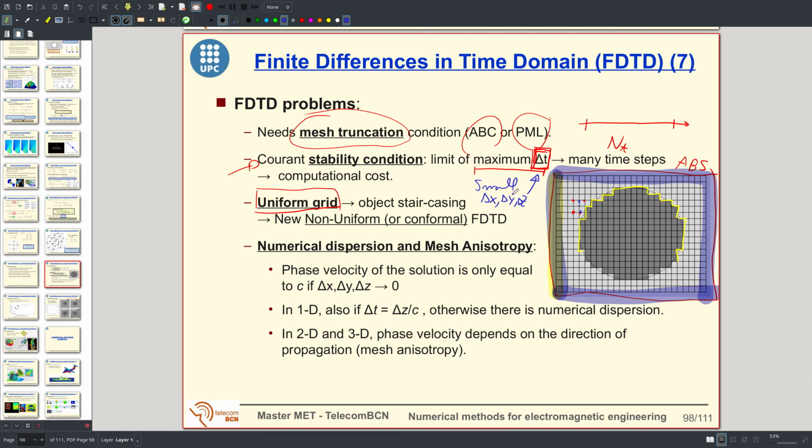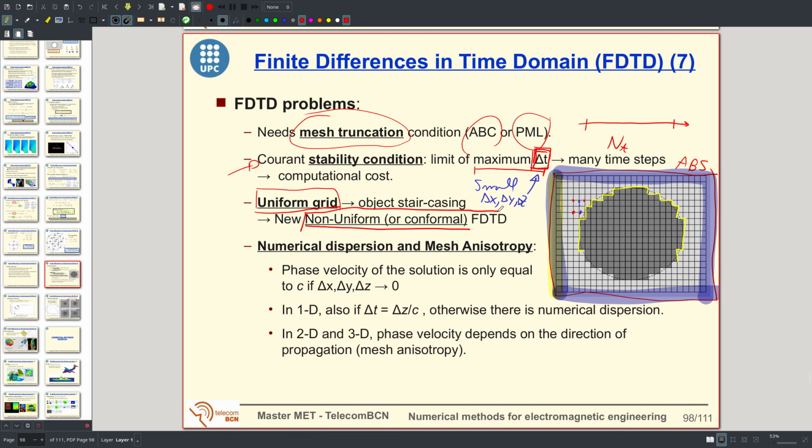The time step is limited by the space step over the velocity or speed of propagation. Okay, and this will increase a lot the computation time. For that reason, the modern methods use non-uniform grids or conformal grids.